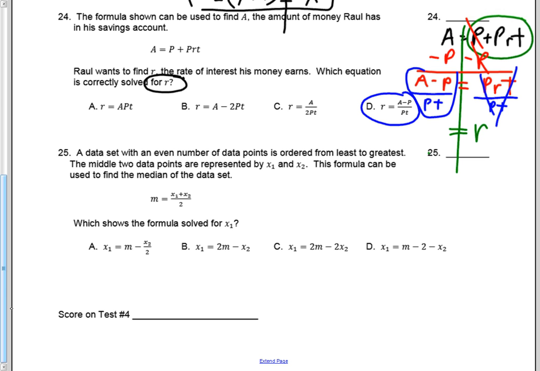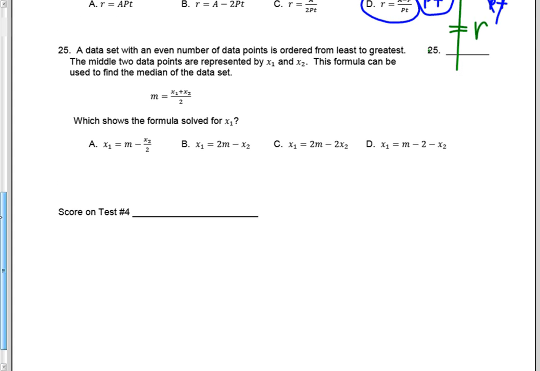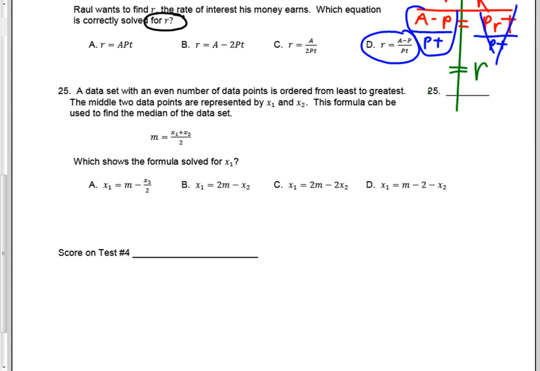So you tell me, if I've got m equal to x1 plus x2 over 2, what am I solving for? x1. That 1 is not an exponent because it's lower.